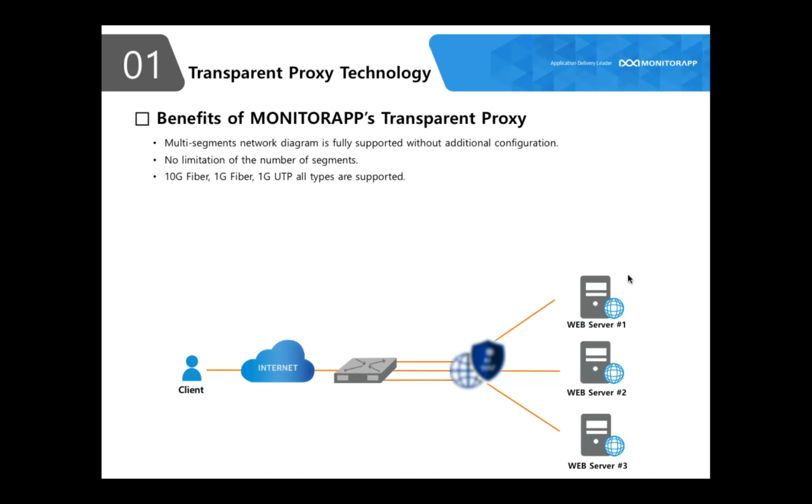If you have 100 web servers, you can connect them to AOR because we have no limitation. And each segment can be bypassed. We have a software bypass and a hardware bypass.